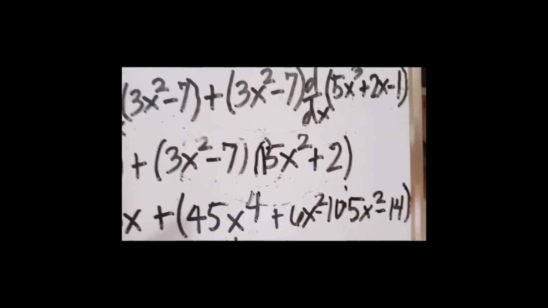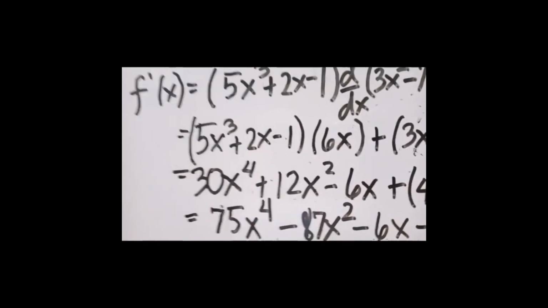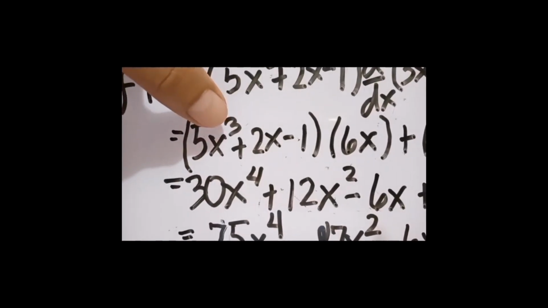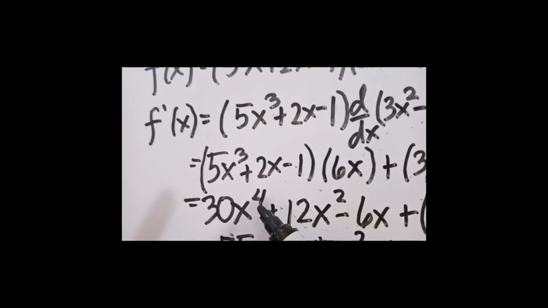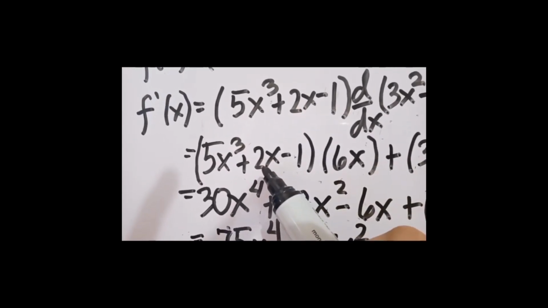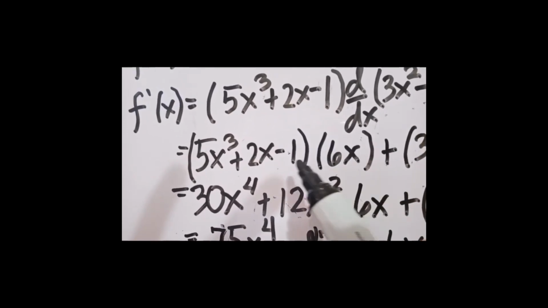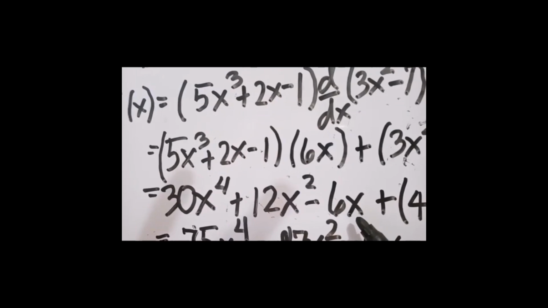Now, let us distribute or simplify the expression. 6x times 5x cubed, that is 30x to the fourth. Then 6x times 2x, that is 12x squared. 6x times negative 1, and that is a negative 6x.